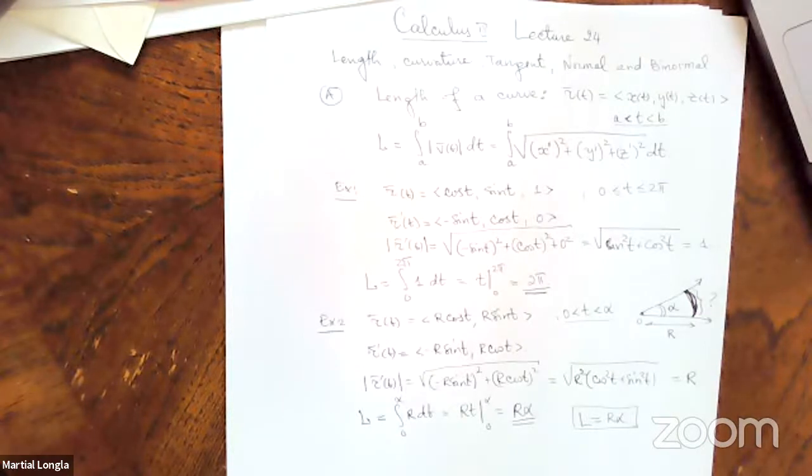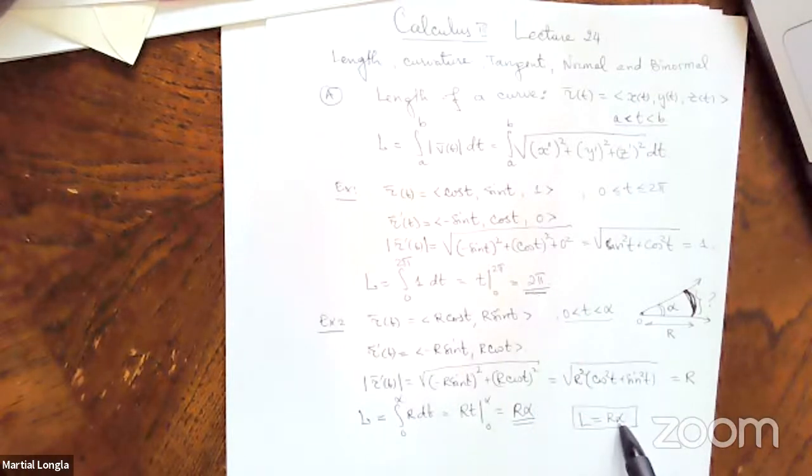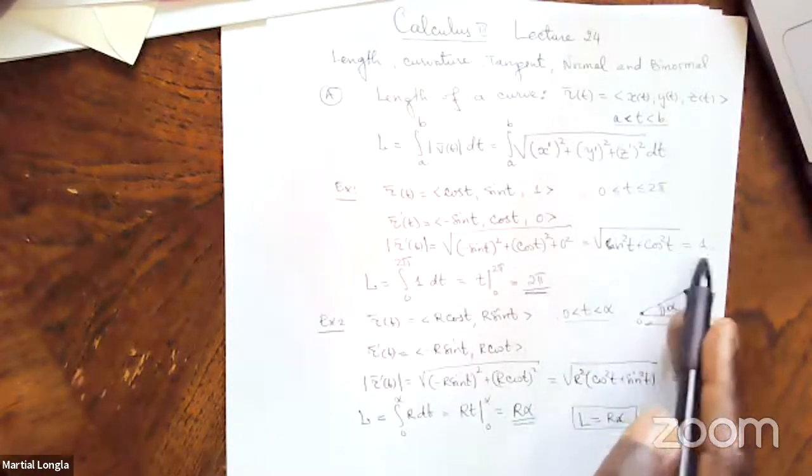Will that angle be in radians or degrees? Radians, always. And which brings you back to this other formula, because when alpha is 2 pi, it's the whole thing. It's 2 pi r. And in this example, that was 2 pi r with r equal 1, right?